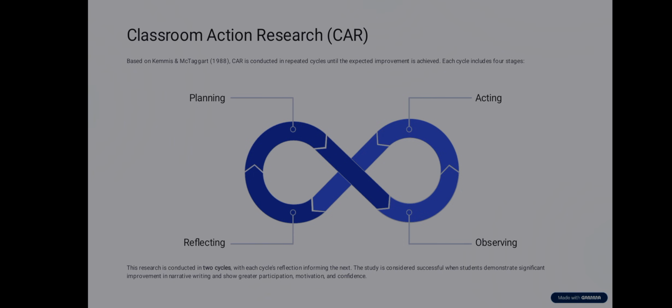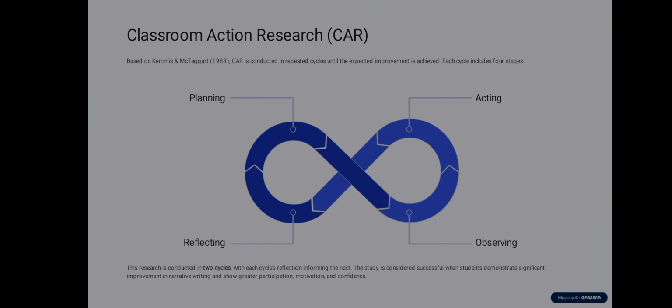I chose classroom action research because the purpose of the study is not only to investigate a phenomenon but also to improve students' writing performance through practical classroom intervention. The research consists of two cycles, and each cycle includes four stages. The first stage is planning.